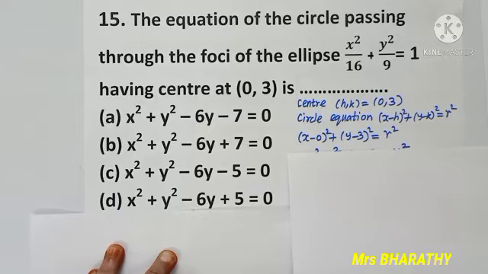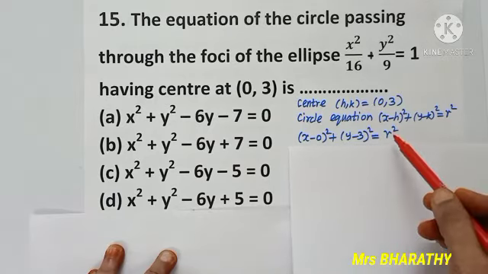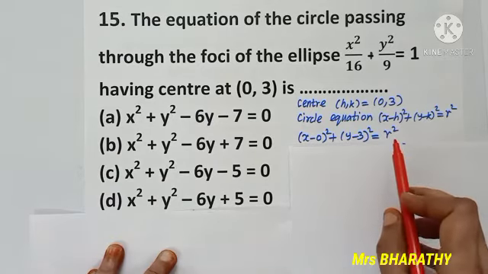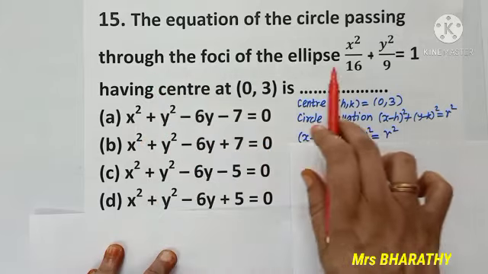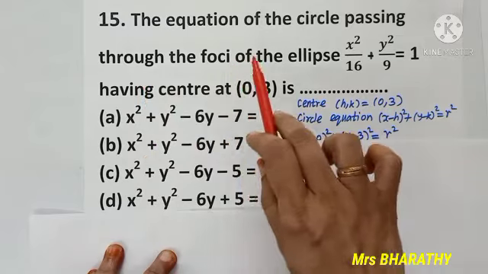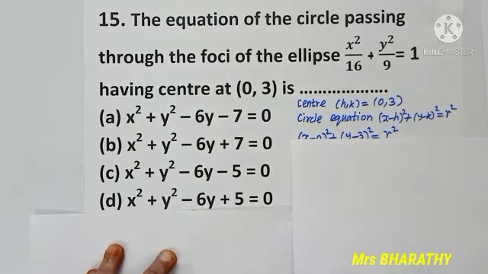Substitute h as 0 and k as 3. We are yet to get what is r square. To get r square, look for some other condition given in the question. Circle passing through the focus. So identify focus of the ellipse.